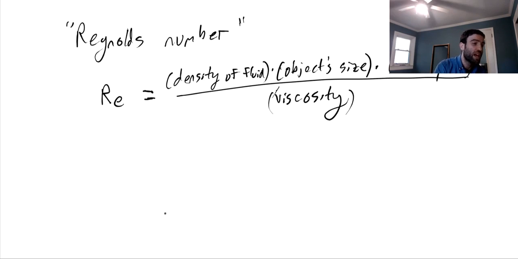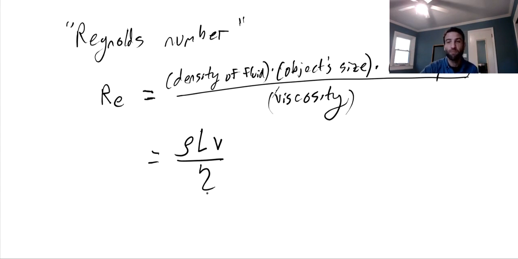Okay. And in symbols, as perhaps you saw on the midterm, or again back in chapter 1, you might write this as the density of the fluid times a characteristic size times a flow velocity, a flow speed, divided by the fluid viscosity. Okay.